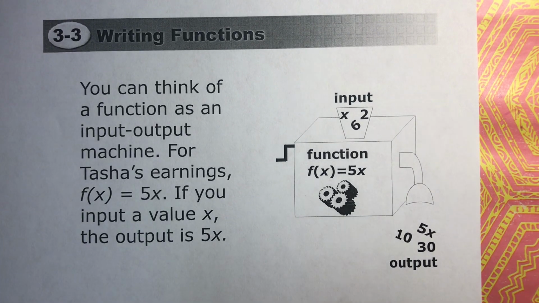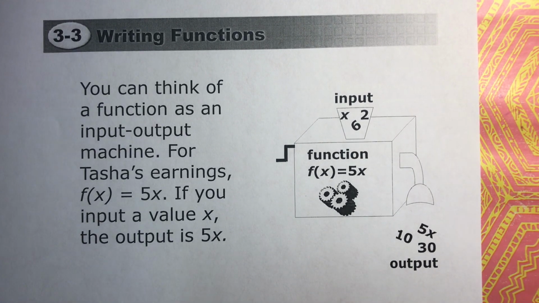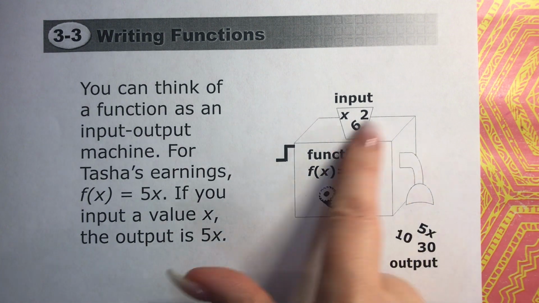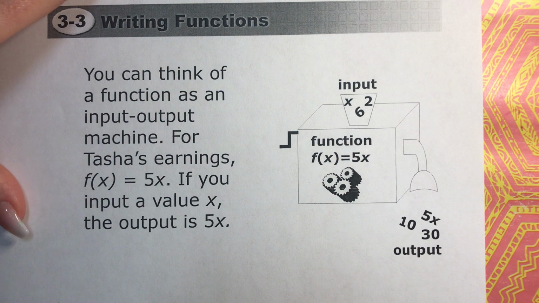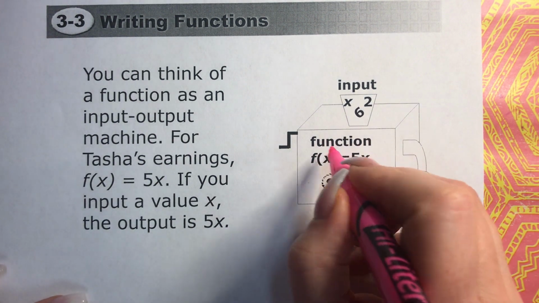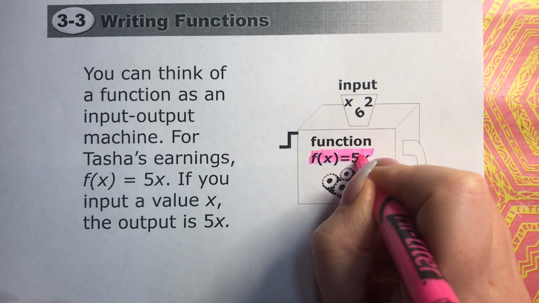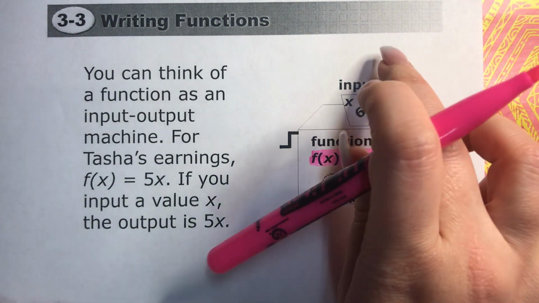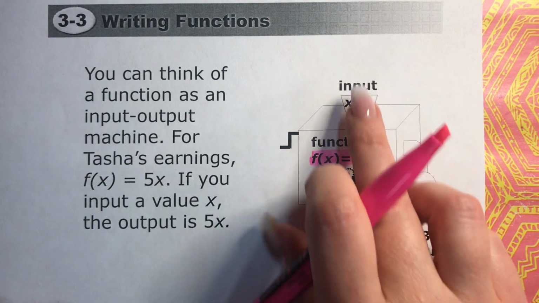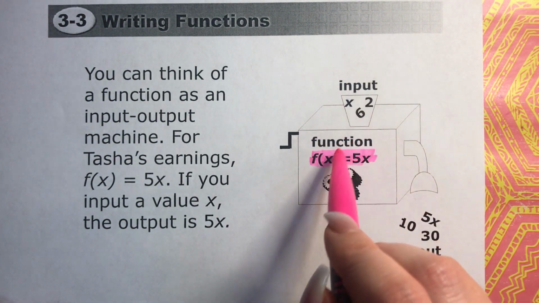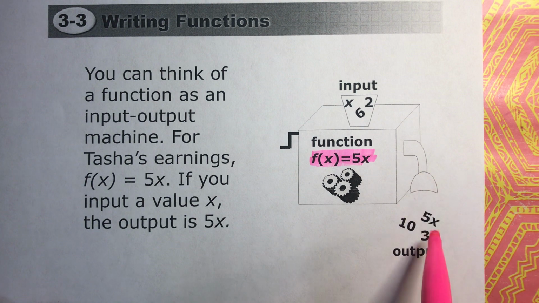All right, let's get started with example 4. So what we have is this little picture right here, and it's kind of like a little function machine. And if you see the function right here, the function is f of x equals 5x. And what happens is there are values that go into this little machine, which are the x values, which are the input, and then you do the function, and then there's something that comes out, which is the output, or the y's, right?